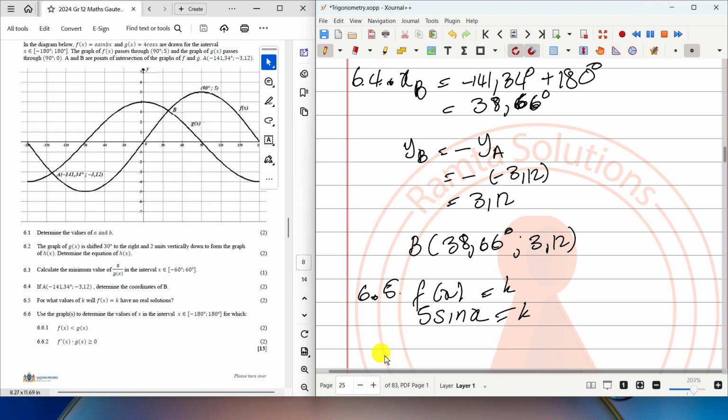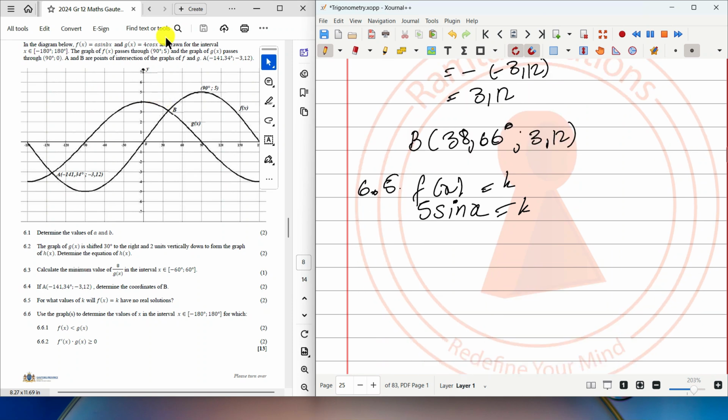Okay, so as you can see, for it to have real solutions, honestly speaking, this is when k is the amplitude, when k is positive 5, or rather when k is between negative 5 and positive 5. This is when it'll have real solutions.